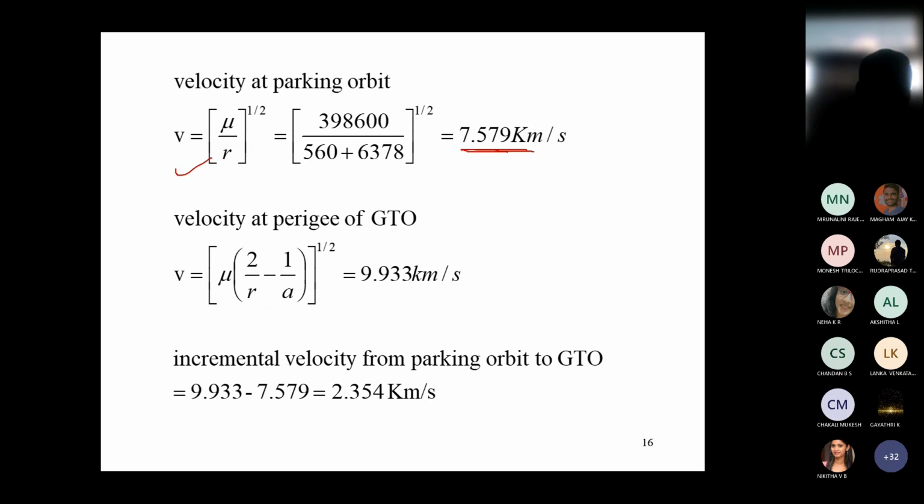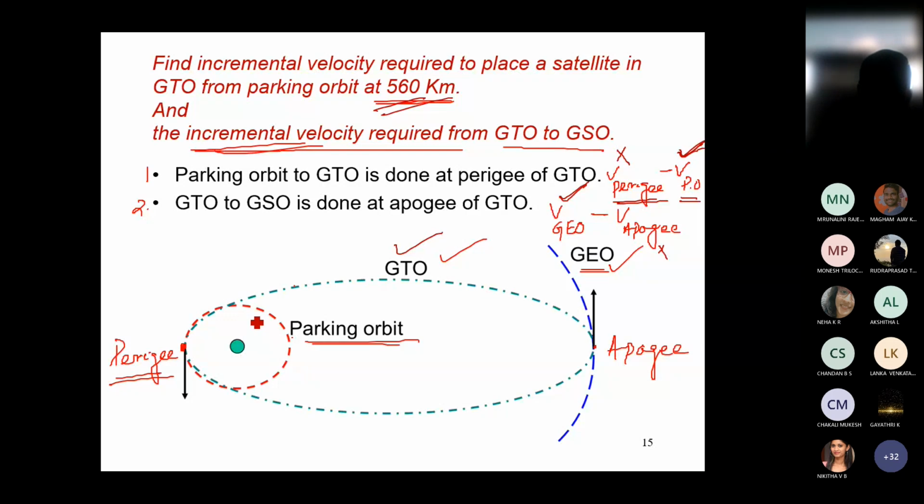That means if I show this example at perigee, your R is this much from the center of the earth to the perigee point. And we know that from the surface of the earth to this particular point on the orbit, the distance is 560 kilometer.